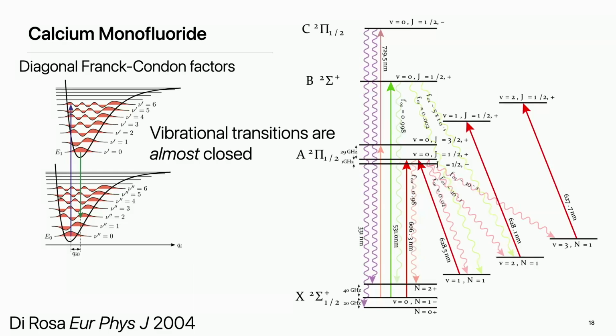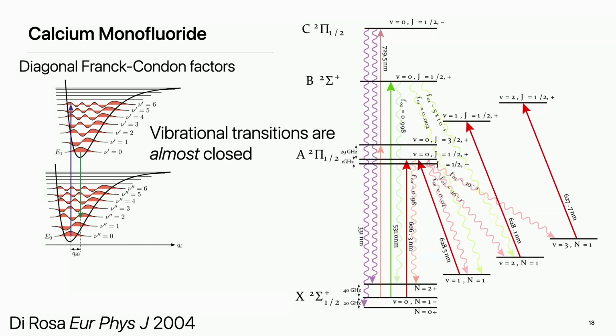And if you excite to your excited electronic state, that potential is different. So ideally, what you're looking for is that the ground state potential and the excited state potential look as similar as possible, right? So that's actually why this ground state and the B state, the second excited state, have a more similar looking potential, right? They're this sigma-type orbital, and so they end up looking more similar, which gives you better Franck-Condon factors.